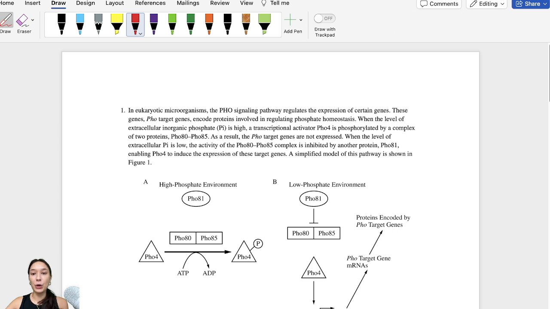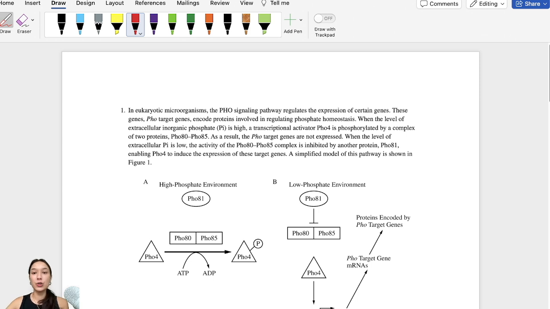As a result, the FO target genes are not expressed. When the level of extracellular PI is low, the activity of the FO80, FO85 complex is inhibited by another protein known as FO81. This enables FO4 to induce the expression of these target genes. A simplified model is shown in figure 1.